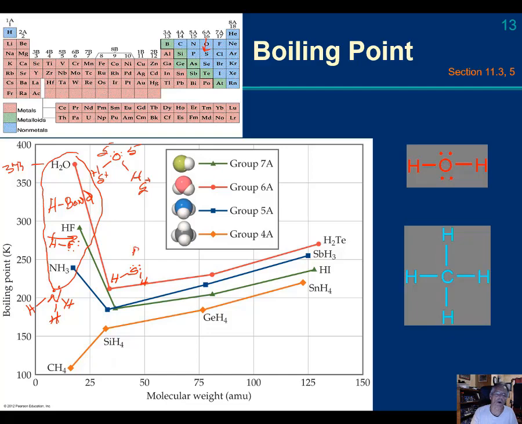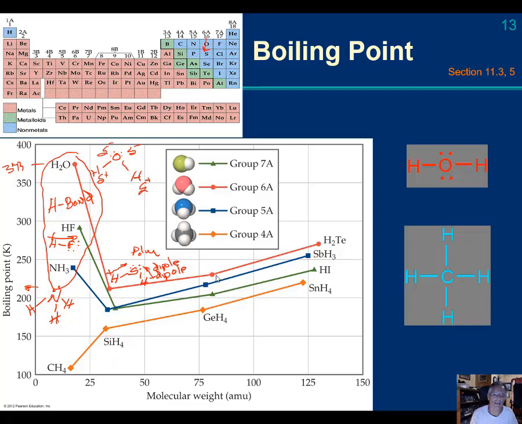It's a polar molecule, but because it can't hydrogen bond, its strongest intermolecular force is called a dipole force. And so the boiling point goes way, way down. The boiling point is actually below the freezing point of water.